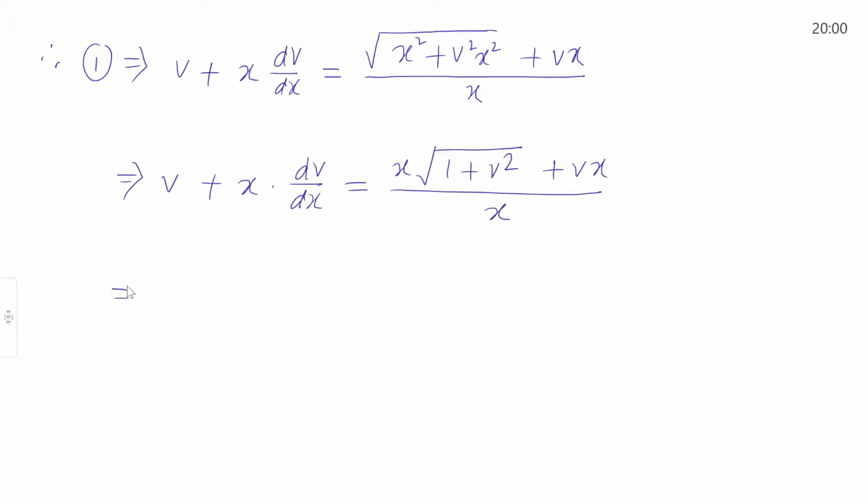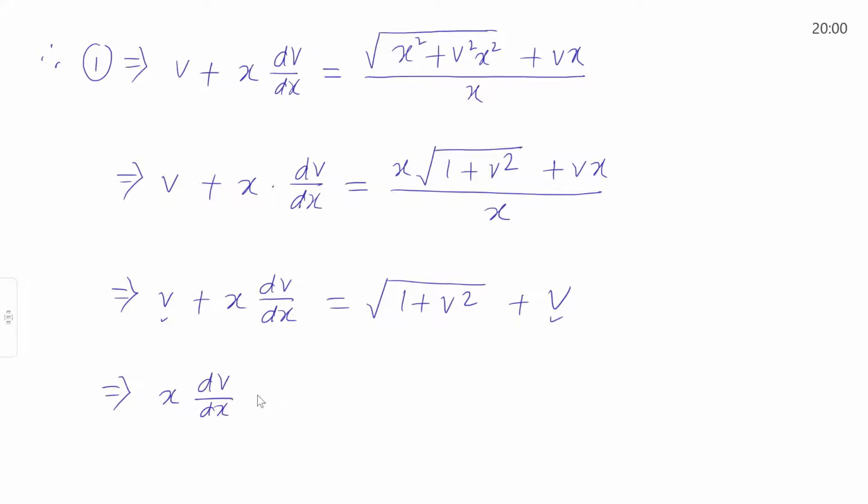So this implies v plus x into dv dx is equal to, x is common and cancels, so the numerator just remains root over 1 plus v square and plus v. Okay, this v and this v cancel. So we are left with x into dv dx. On the right side we have only root over 1 plus v square.